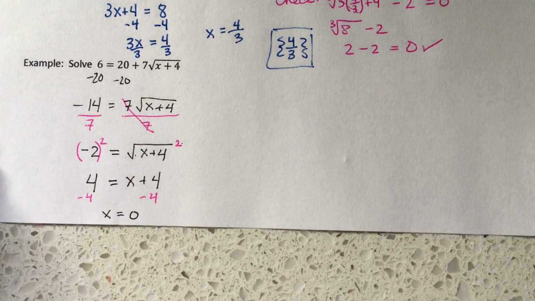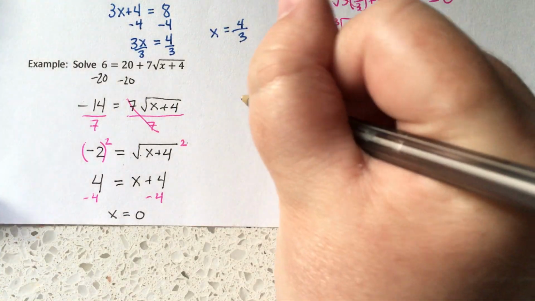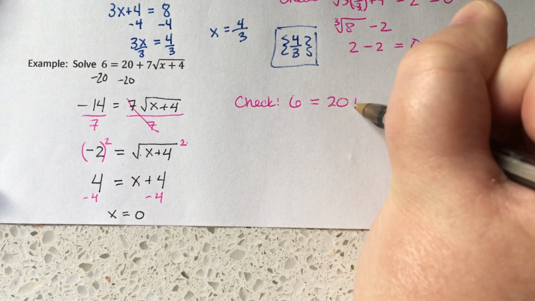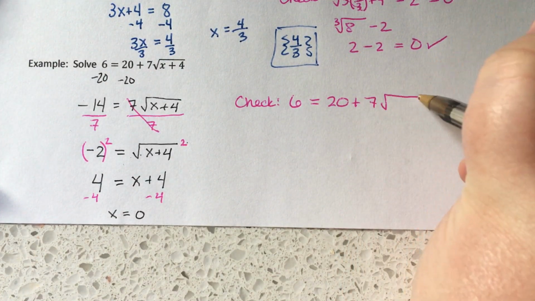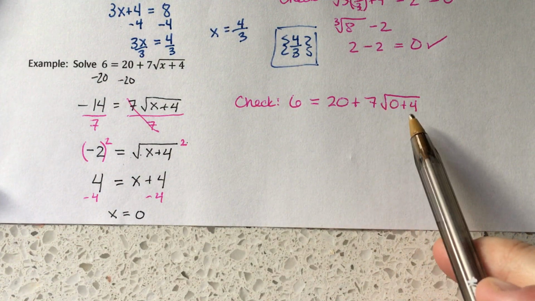Now this is another one, just like ugly numbers, sometimes people freak out when they get the answer 0, but it's no big deal. We just check our answer, and then we'll know whether it's right or not. So let's check. 6 equals 20 plus 7 times the square root of 0 plus 4. The square root of 4 is 2.